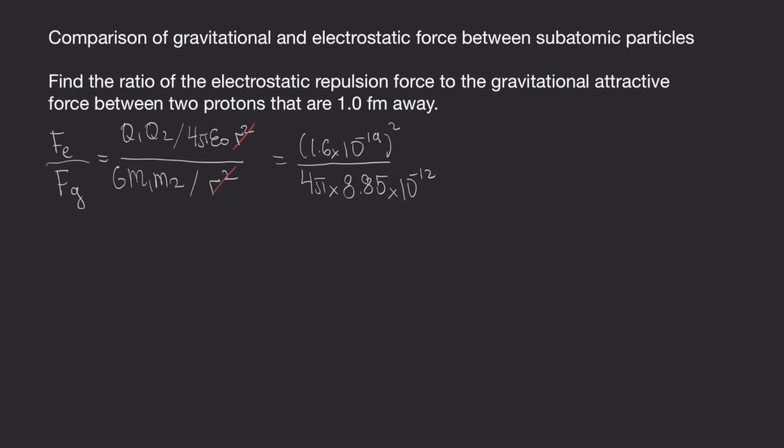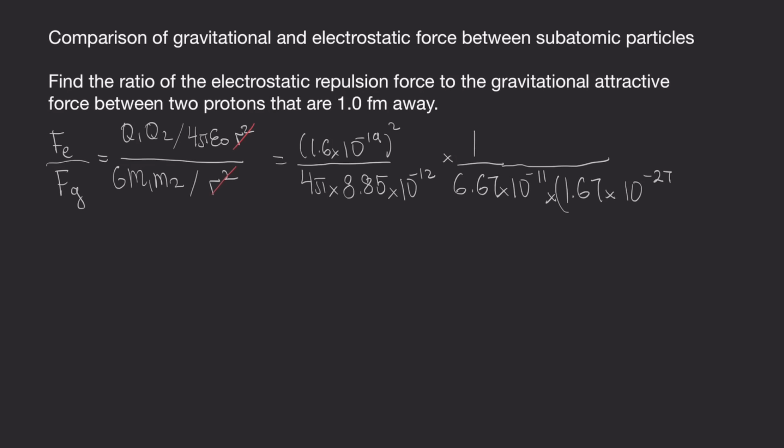Then we need to divide by G m1, m2. Because it's two protons, it's just going to be 1 over, multiplied by 1 over. The gravitational constant G is 6.67 times 10 to the power of minus 11. And then the mass of a proton, if memory serves me right, is around 1.67 times 10 to the power of minus 27.